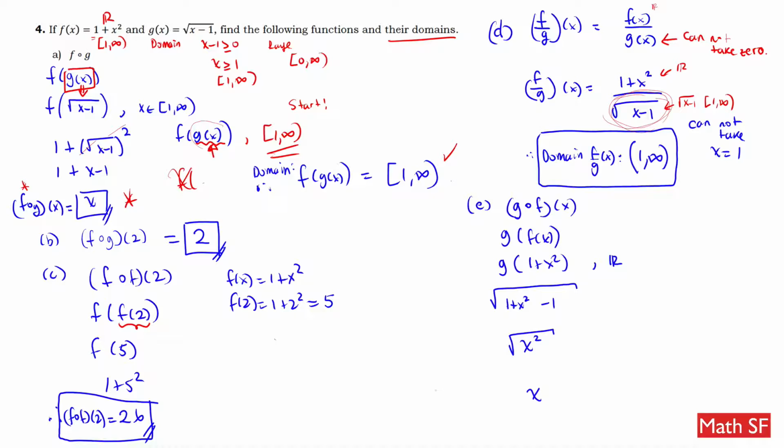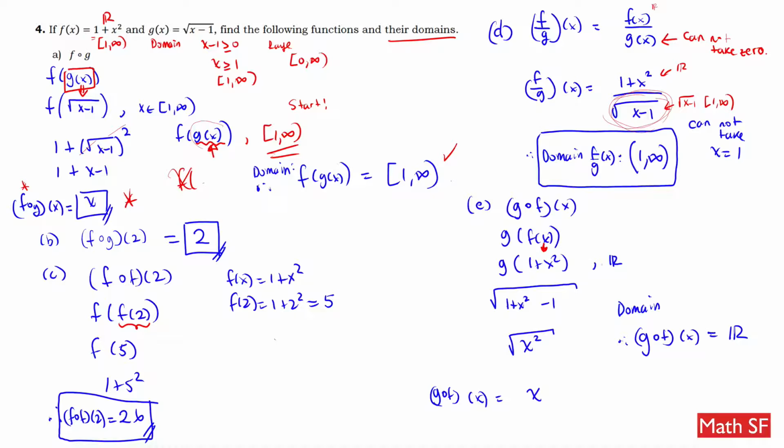Because we're not restricting anything in our domain, your domain is going to be all real numbers. Therefore, the domain of g of f of x is all the real numbers. Why? Because remember, we start with the very inside, f of x, which starts with a domain of all real numbers.